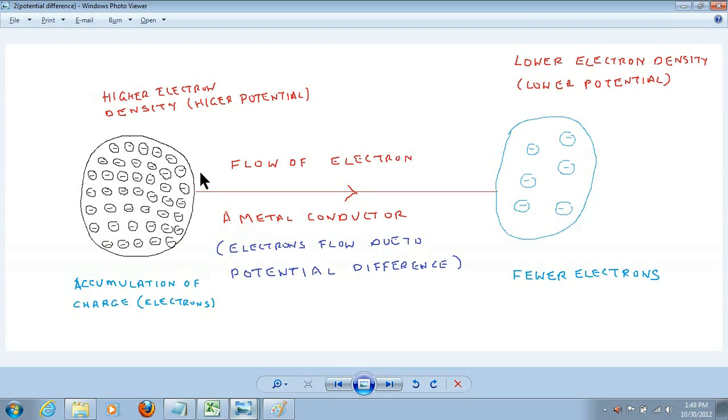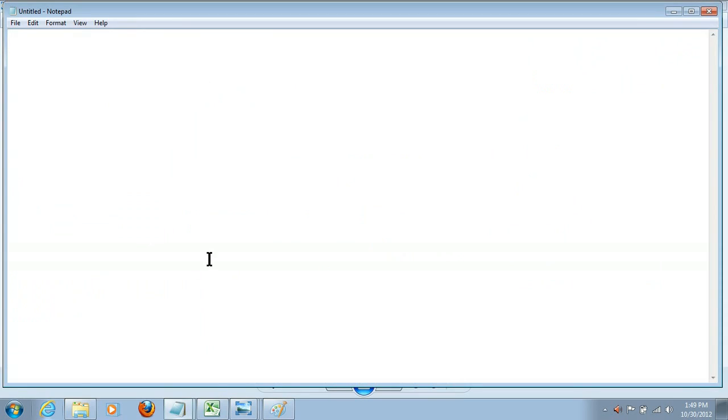They will remain as they are, static. Let us talk a little bit about potential difference, and try to understand what it is, because this concept will be useful when we work out a few problems on potential difference.